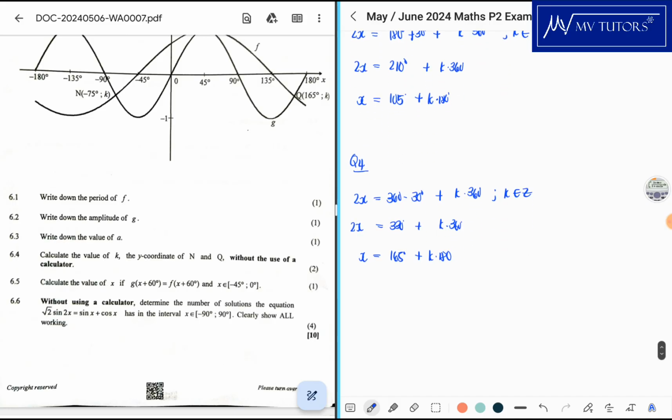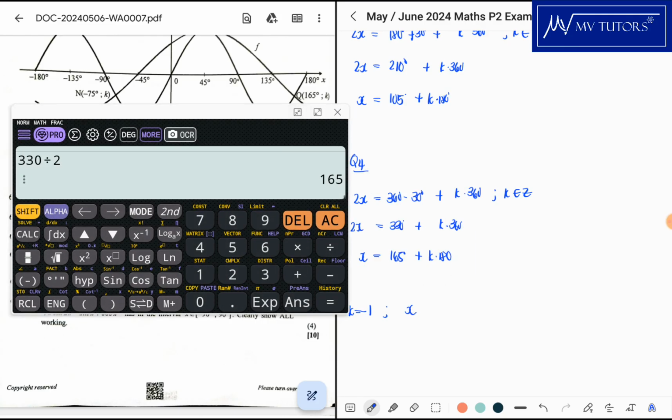Okay, so before I move on to quadrant 1 and quadrant 2, let's just get the values for x. So if I use the value of k equal to -1, what x values do I get? So I have 105 minus 180. I get -75 degrees.